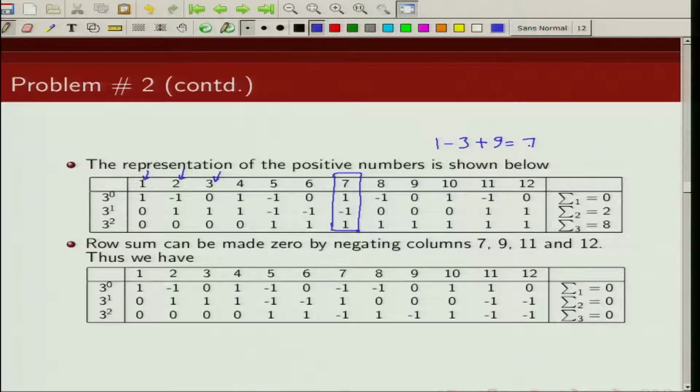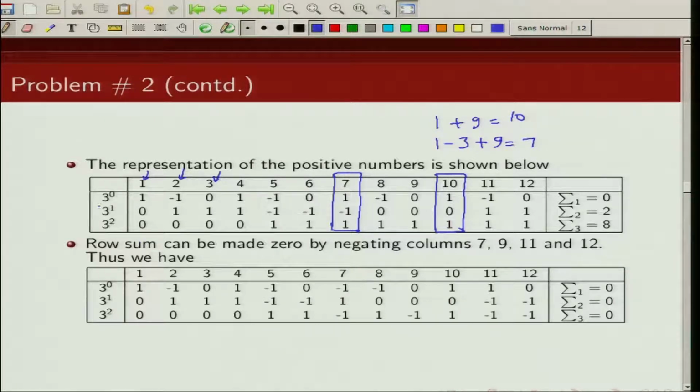Okay, so I can write any number. Let's take 10. 10 I can write as 1 plus 9, that's 10. So that is 1 times 3 raised to the power 0 plus 1 times 3 raised to the power 2. Now, I have written all of these 12 numbers in the ternary notation, -1, 0 and 1.